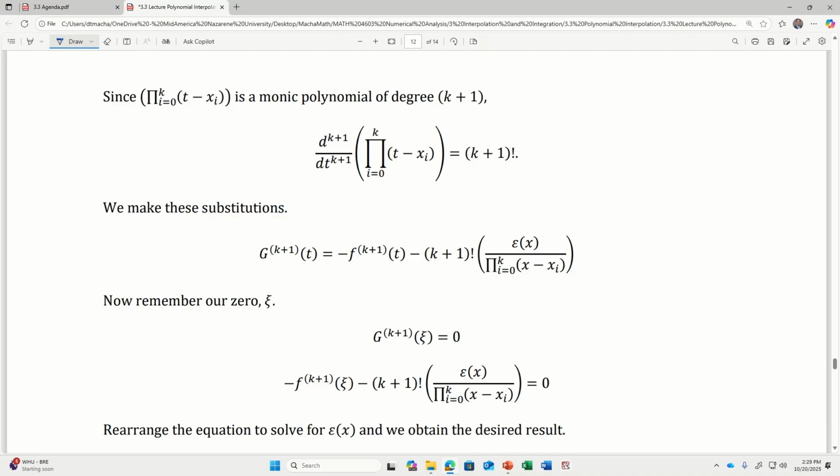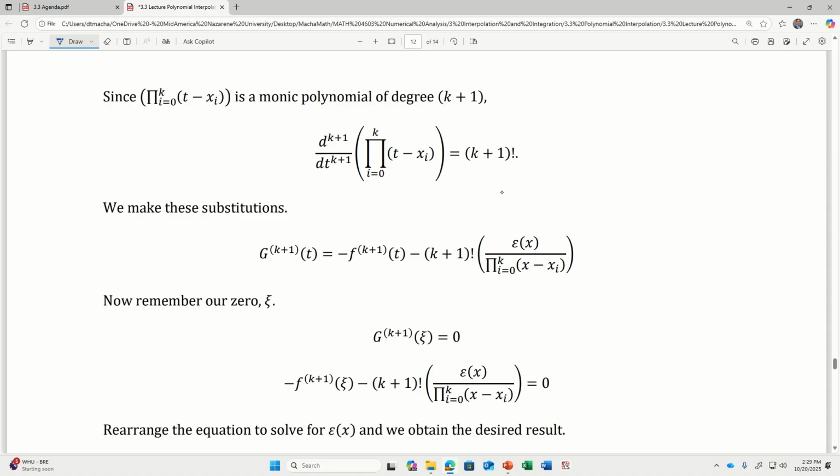And whenever I take k plus 1 derivatives of that, the result is going to be a constant. It's going to be k plus 1 factorial, right? Because first you multiply by k plus 1 when you take the first derivative, and then you multiply by k when you take the second derivative, then you multiply by k minus 1 when you take the third derivative, and so on. So you end up with the factorial.